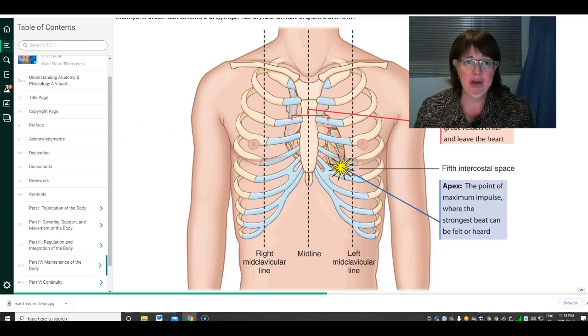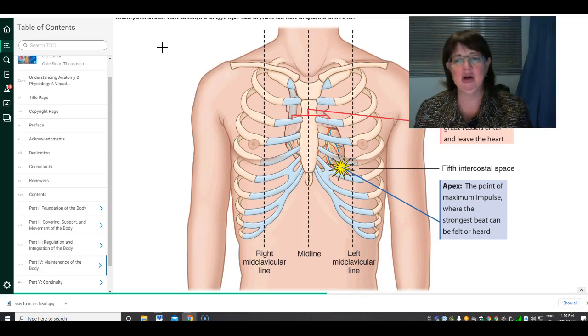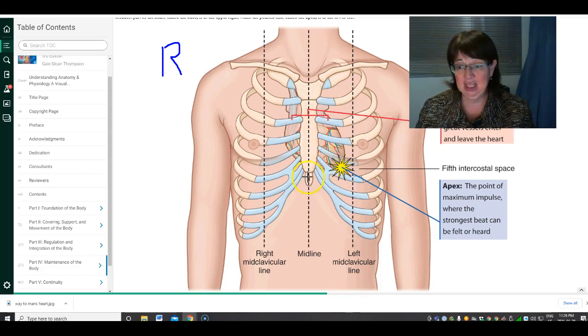Now, remember when you are looking at your heart or any other organ, you're looking at the body and labeling it based on the person. So this is the person's right side and this is the person's left side. So the heart goes a little off to the left. You've got the base at the top where the great vessels come out, and then you have the apex down below. And it's a little off midline.